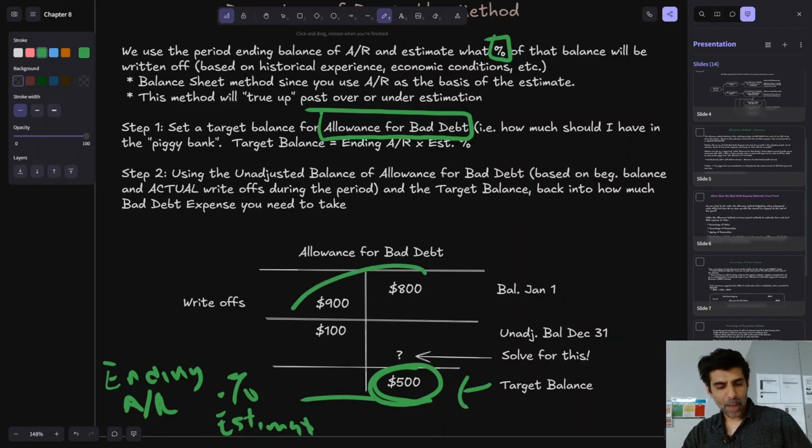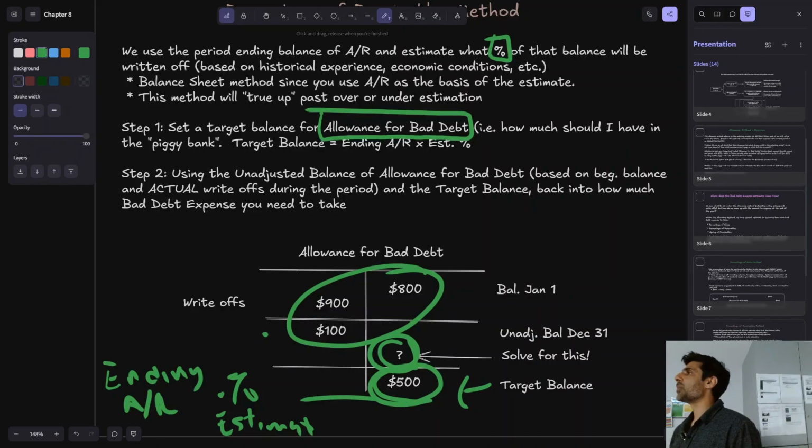We see what happened in the past, what our unadjusted balance is, and then we're going to figure out what this amount should be. So it's starting from a different place, right? We're starting with the target balance and we're backing into how much the adjustment should be. So in my opinion, this is a better way because you really just care about how much should be in that piggy bank, right? That's a more common sense approach, in my opinion.